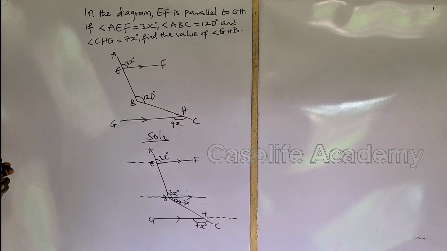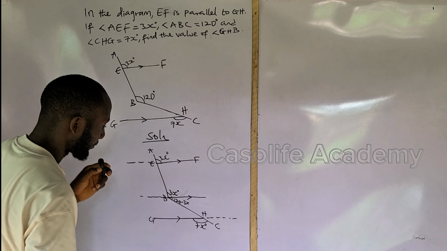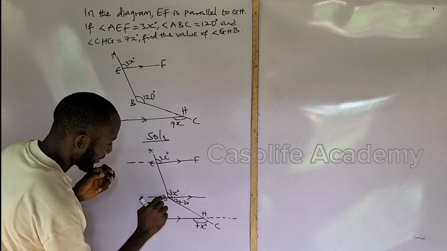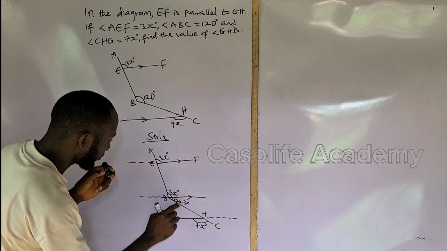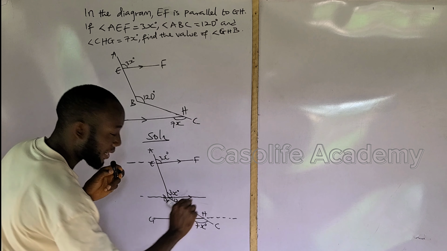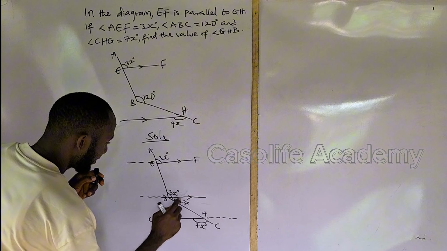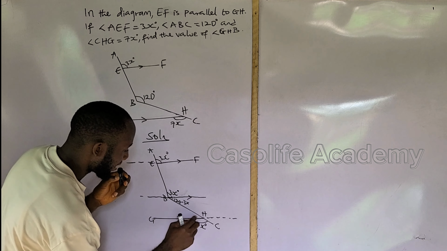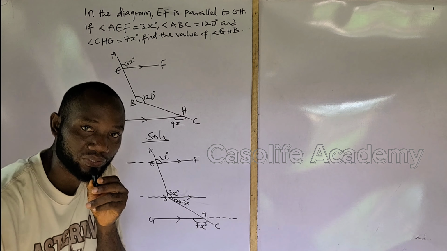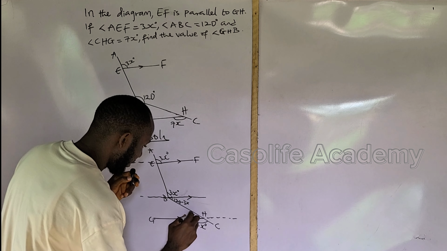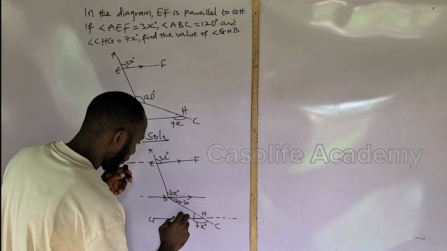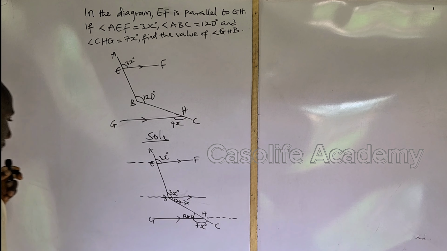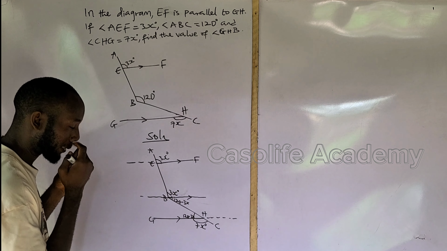Now here, this line BC is a transversal line and it cuts this straight line that we formed. So that means that here and here are also equal. Reason: here and here are alternate angles. So here will now be 120 minus 3x.